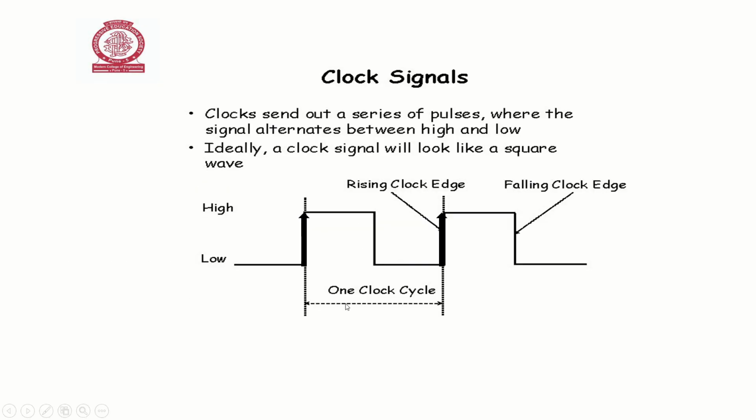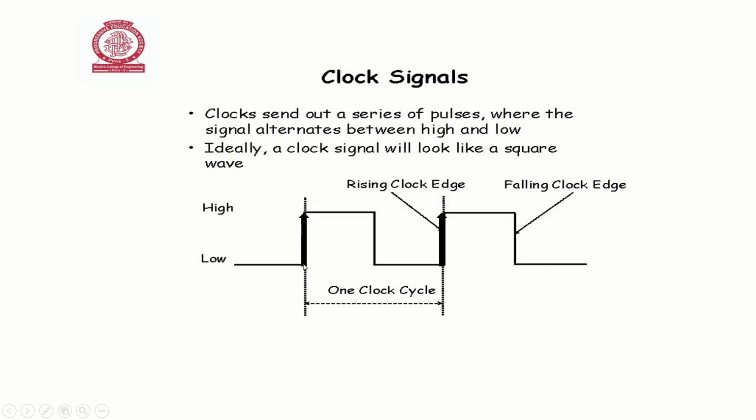I'll give just a rough review of a clock signal. It is basically a series of pulses, where the signal alternates between zero and one, that is, high and low. Ideally, a clock signal looks like a square wave, as you can see in this waveform. This is my low level, this is my high level.